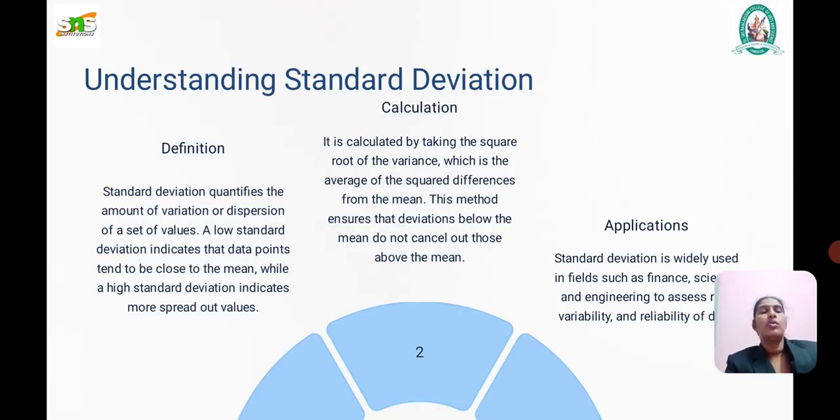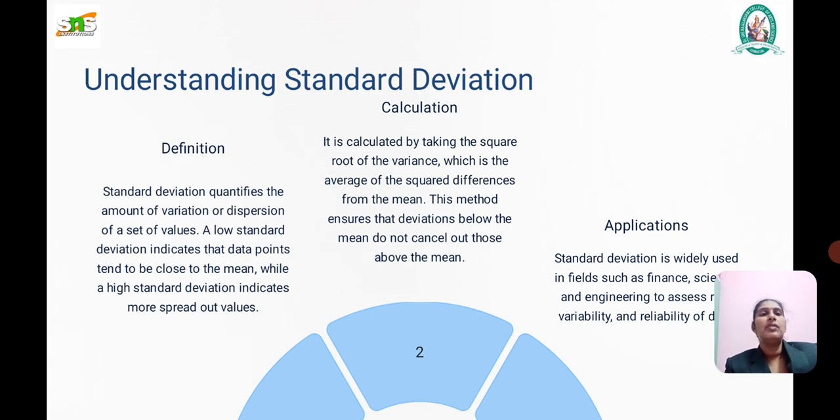Now, standard deviation quantifies the amount of variation or dispersion, and it tends to be close to the mean. If you compare the mean with the standard deviation, a high standard deviation indicates more spread out values.